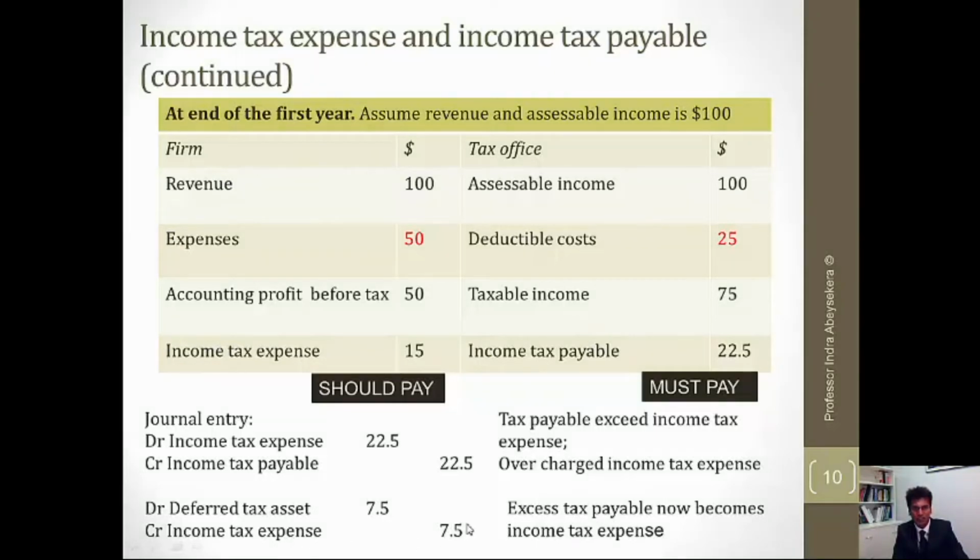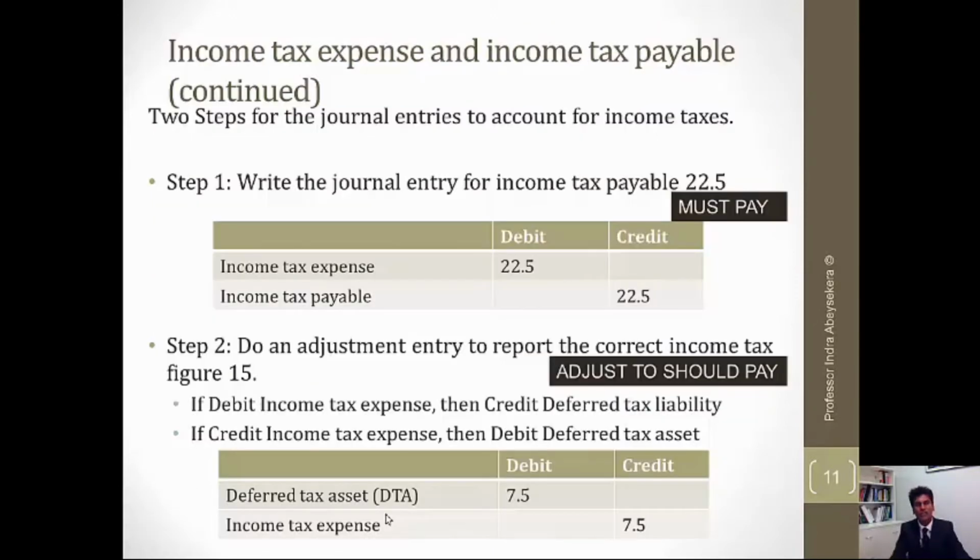We decrease by crediting, because it's normally a debit account. To decrease, we credit, and then the other side we require is a new account called deferred tax asset. We debit that.